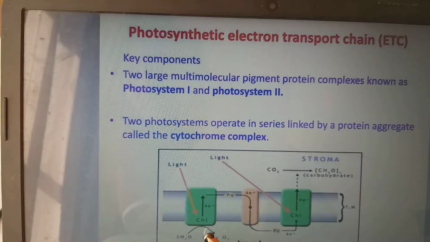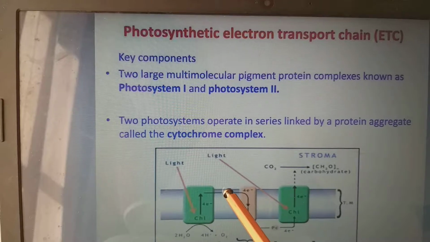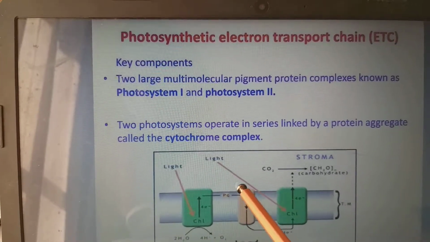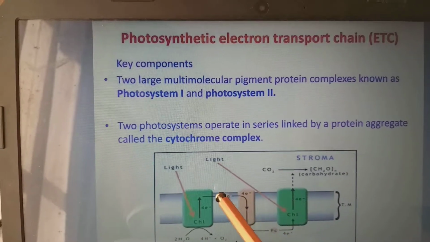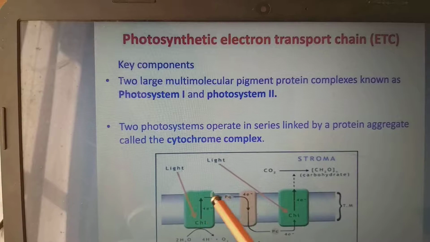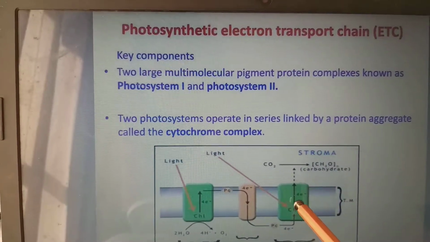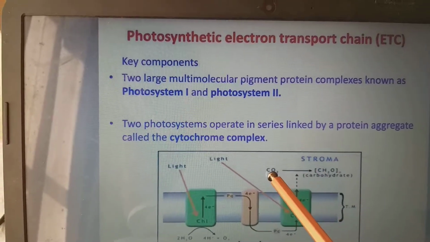The 4 electrons are transported to the chlorophyll pigment, from here to PQ, PQ to PC, and PQ goes to the cytochrome B6F complex. PQ and PC are mobile transporters, and from here it is transferred to photosystem 1, and from photosystem 1 it is given to the carbon dioxide.